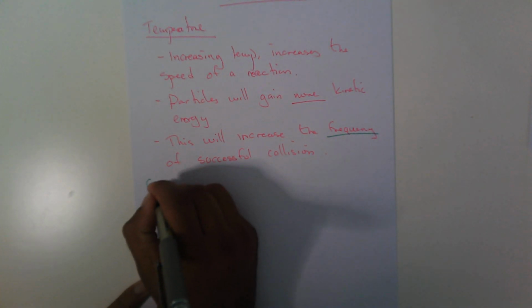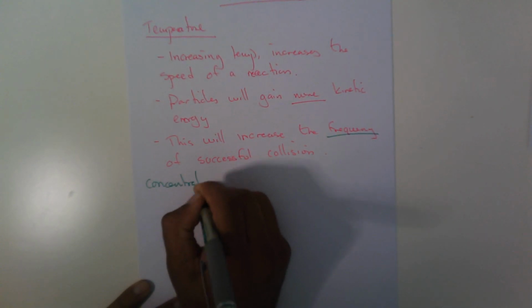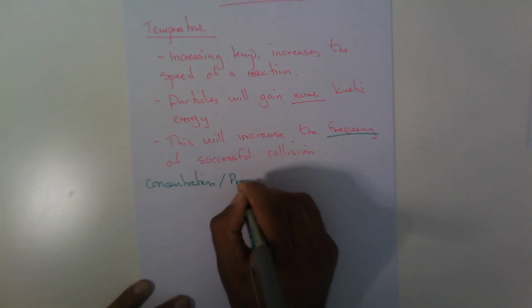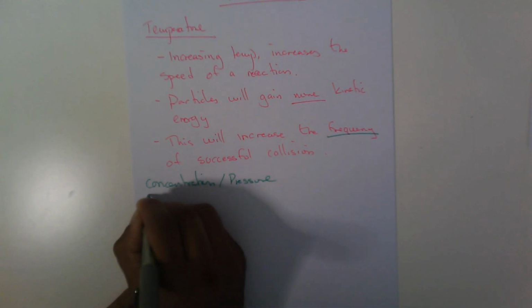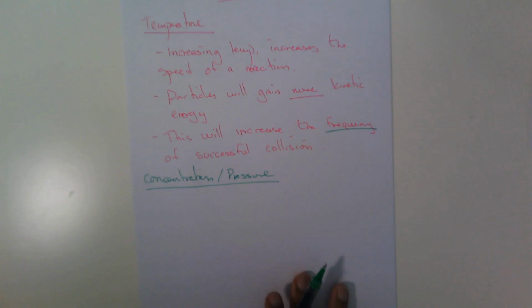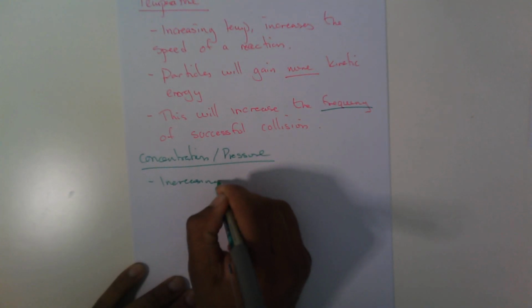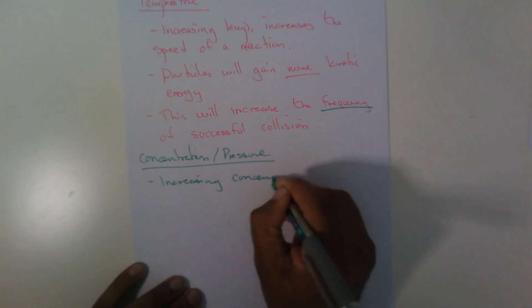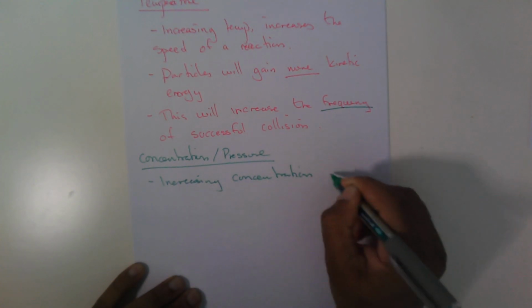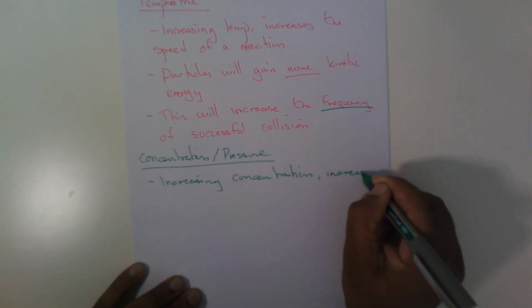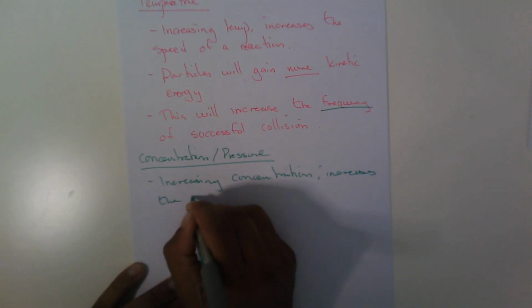Now the other variable, concentration or pressure. Concentration if we're talking about solutions, pressure if we're talking about gas. So again, I'm just going to focus on one of them. So increasing concentration increases the speed of a reaction.